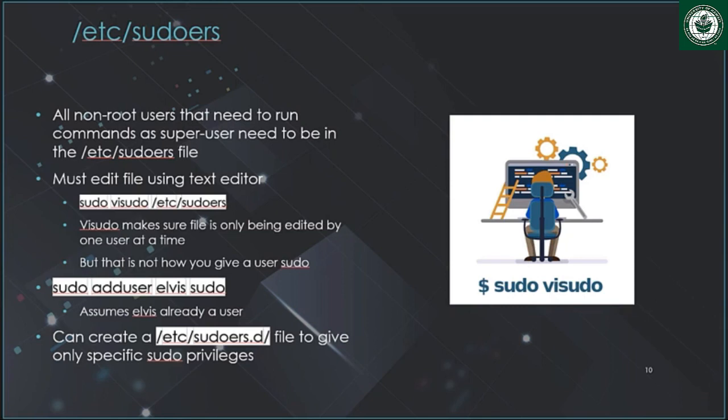There's a bunch of options that you can manipulate in here, but to change that file, you do not use a regular editing program like Vim, vi, or Nano. You should only edit the /etc/sudoers file using an application called visudo.